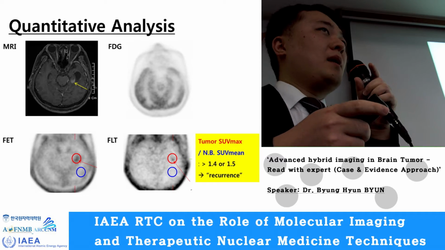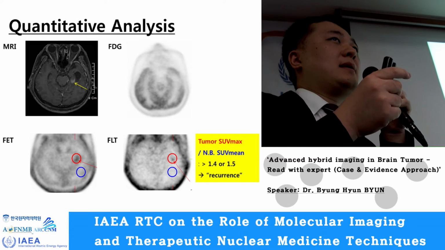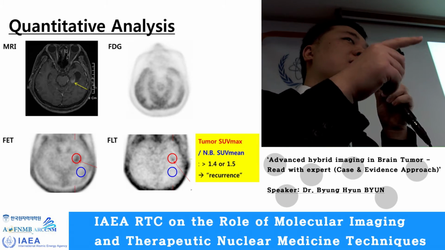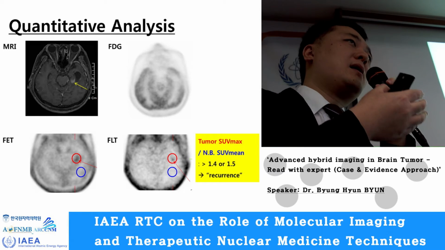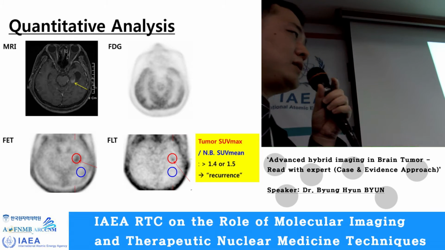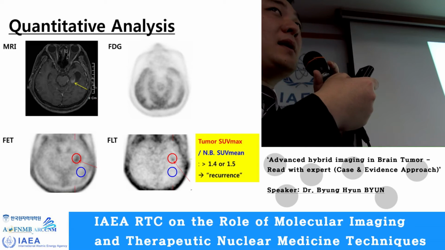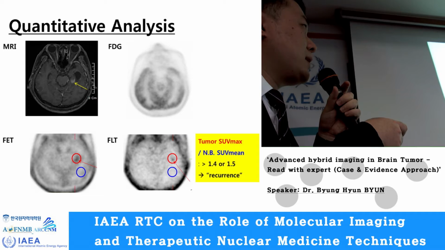At that time, FET or FLT can accumulate at the site with breakage of the blood-brain barrier, and it shows a moderate or somewhat increased uptake. To differentiate the moderate uptake from the high uptake of recurrent tumor, we need quantitative analysis.